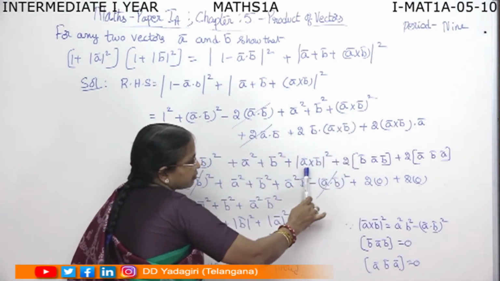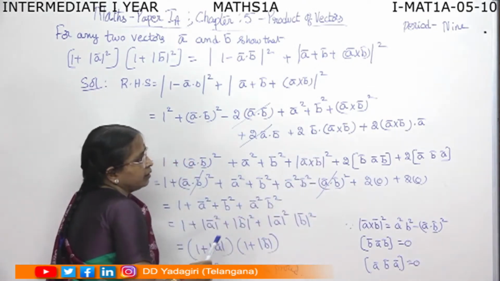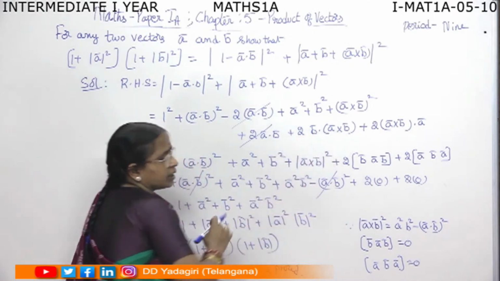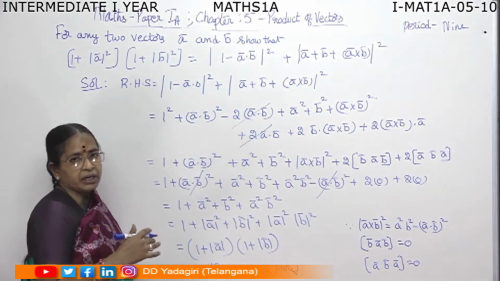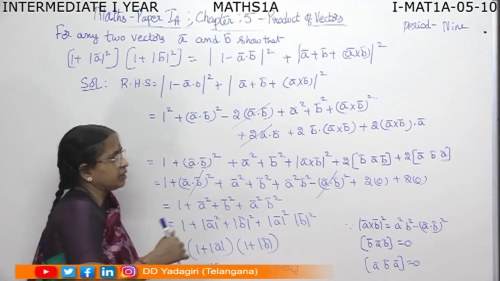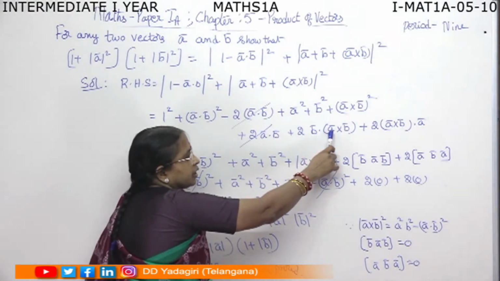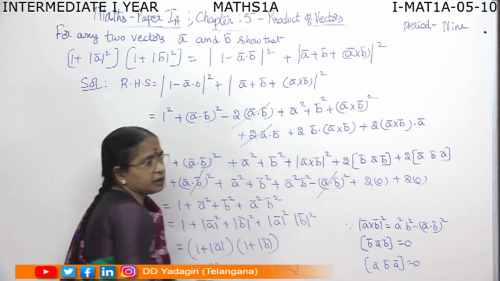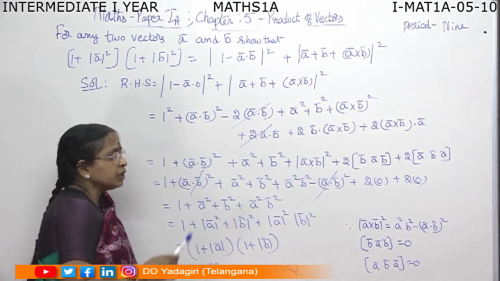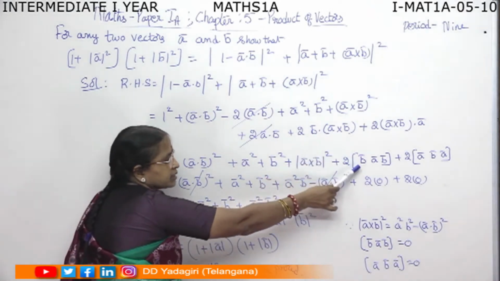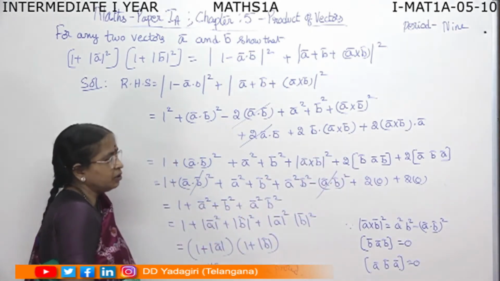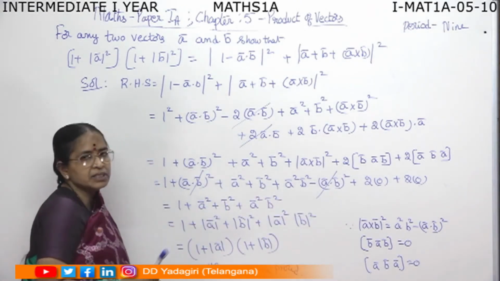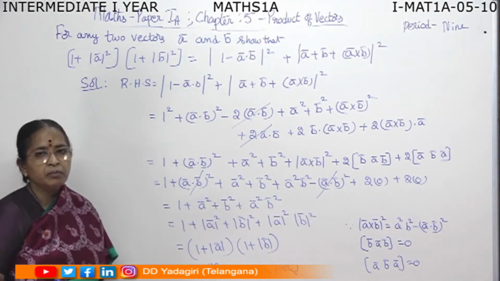Then A cross B whole square you write as mod A cross B. Then, with one dot and one cross between three vectors, that is called the scalar triple product, or box product. In the scalar triple product, if two vectors are identical, its value is 0. According to that property, we substituted the values and simplified. So like this we do the problem.